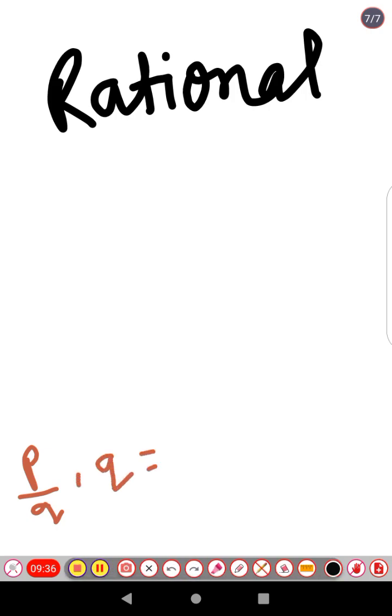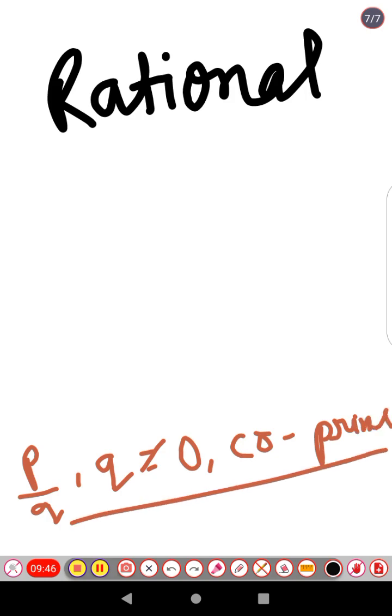So now from here you will be getting what exactly is a rational number. So we have told that a rational number is any number which we can represent in the form p by q, where q is never equal to 0 and both are co-prime. This is how we defined earlier.